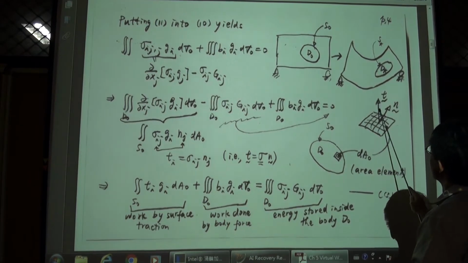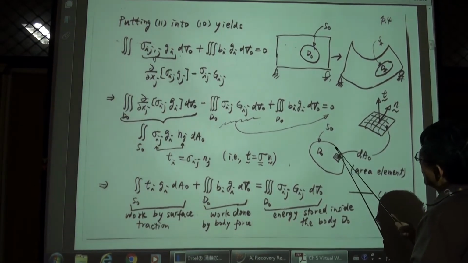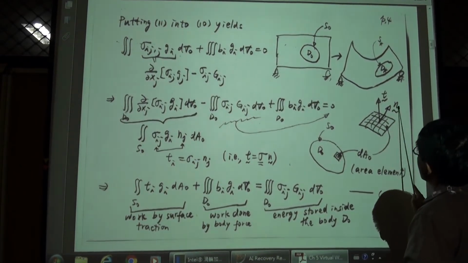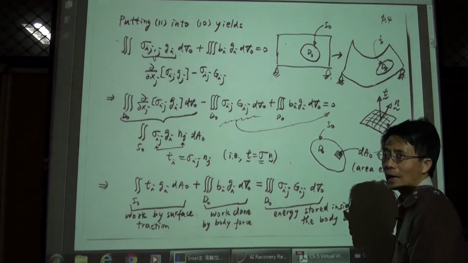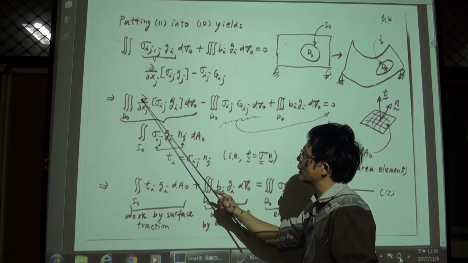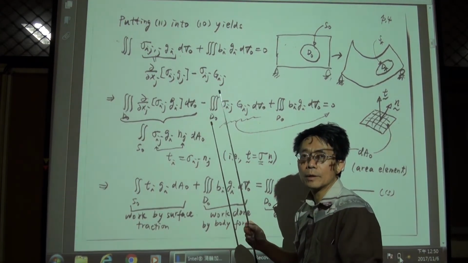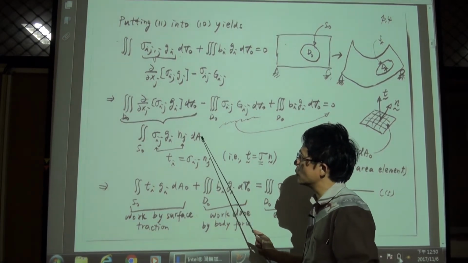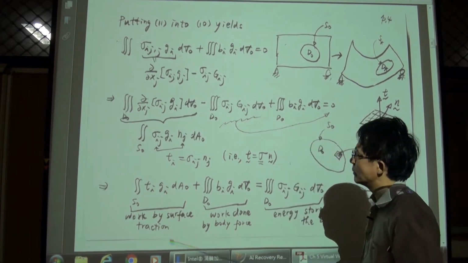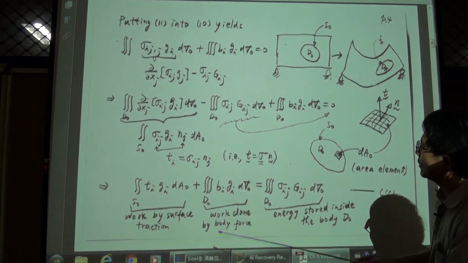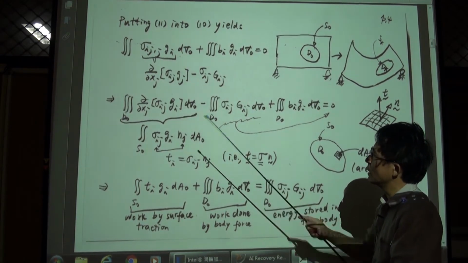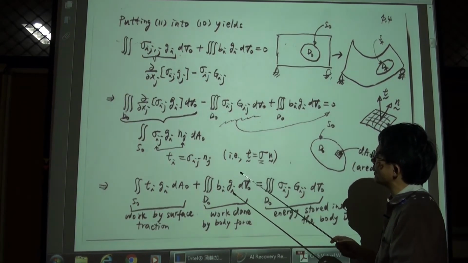We also have some traction on the area, with a normal vector like this, and this normal vector is written here. Understand? So by this step, we turn the volume integral into the surface integral according to the divergence theorem. Now we copy this one to this one, and then let me remind you of one more thing.